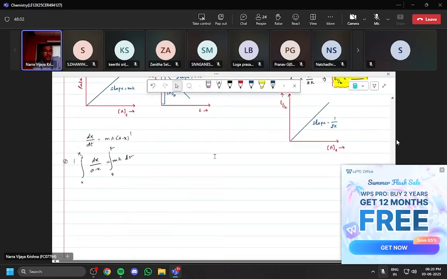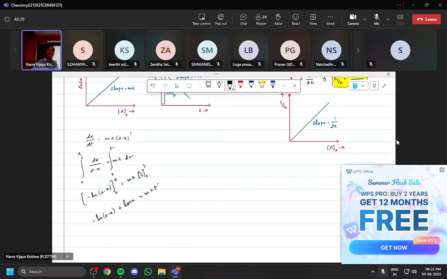What is the integral of 1 upon (a minus x) dx? Minus ln (a minus x) between the limits 0 to x is equal to mk t between the limits 0 to t. So upper limit x minus lower limit 0. So what will you get? Minus ln (a minus x) plus ln a is equal to mkt. So k is equal to 1 upon mt log a upon (a minus x).